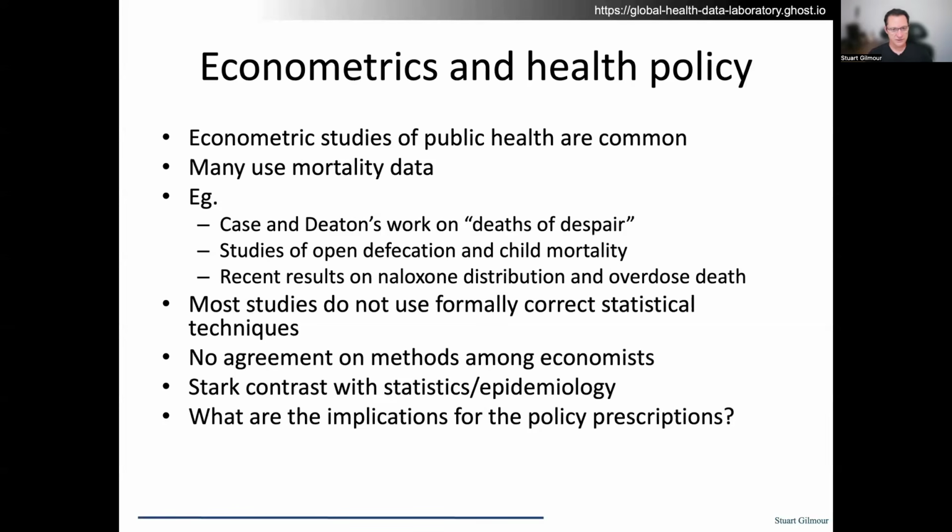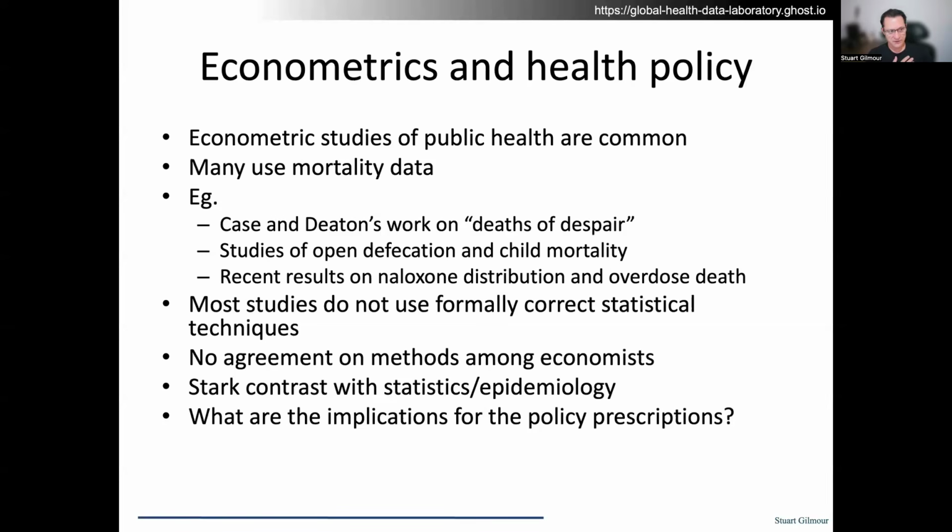Now, this is in stark contrast with statistics and epidemiology, where there's a well-established approach to using mortality data, and there is a formally correct method for approaching death. And my interest is in what the implications are of this statistical incoherence for the policy prescriptions that econometricians make.